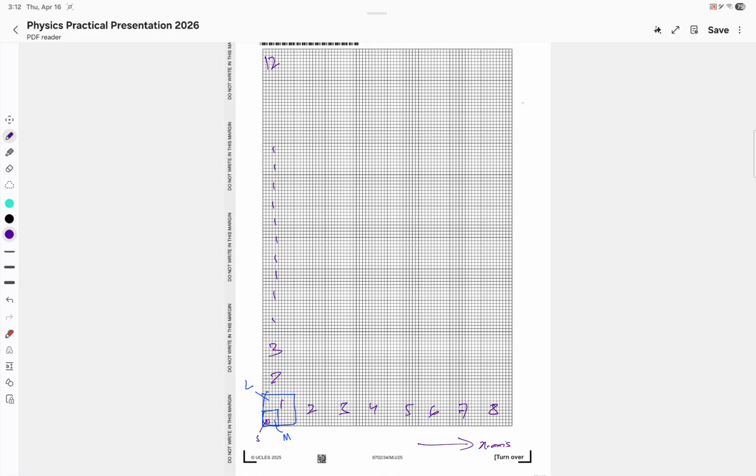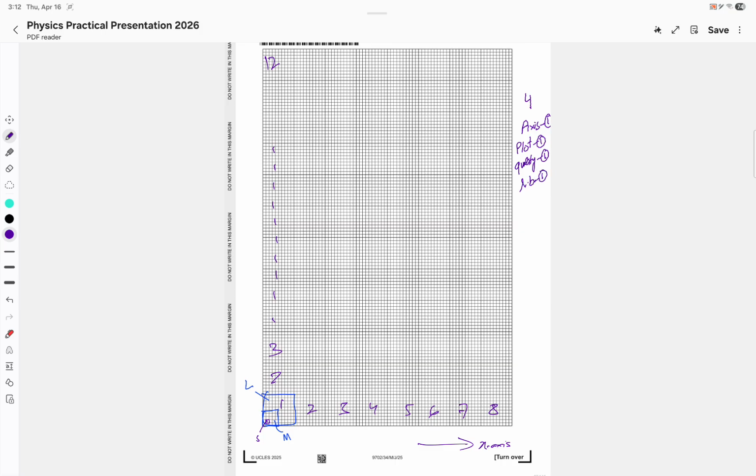Usually a full graph, as per the expectation, will let you score 4 marks out of 20. Among the 4, one mark is for the axis, then a plotting mark, then a quality of plot mark, and the final mark is for the line of best fit.